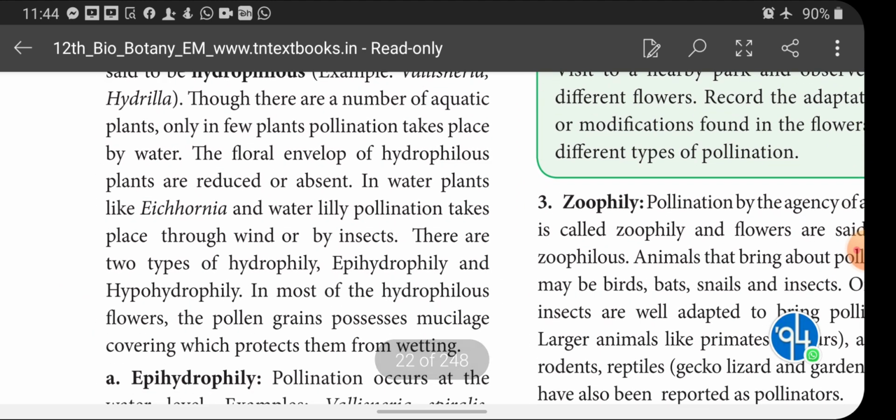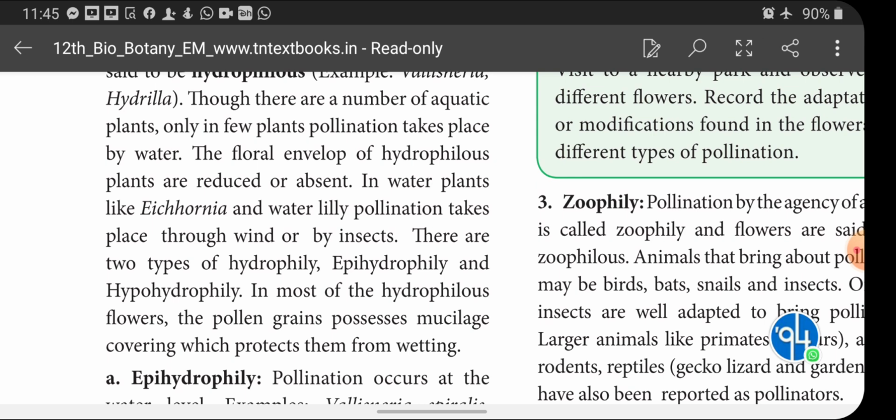Though there are a number of aquatic plants, only in a few plants does pollination take place by water. The floral envelope of hydrophilous plants is reduced or absent. That means there is no floral envelope that we can see in the hydrophilous flower. In water plants like Eichhornia and water lily, pollination takes place through wind or by insects.